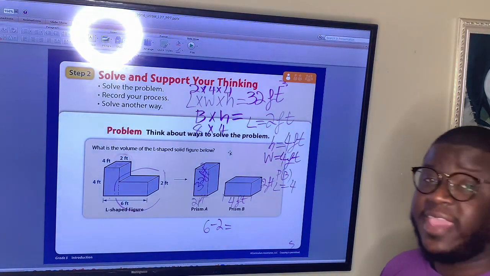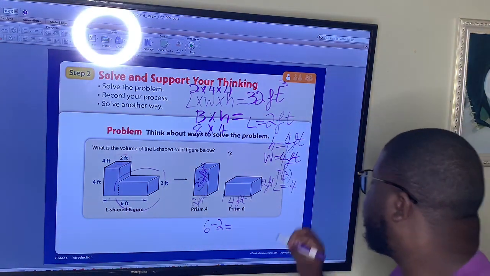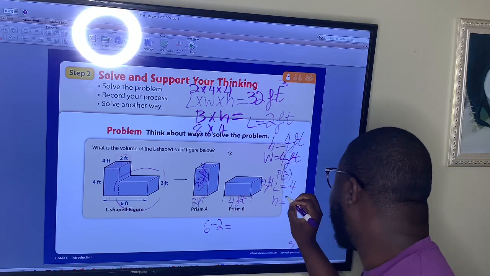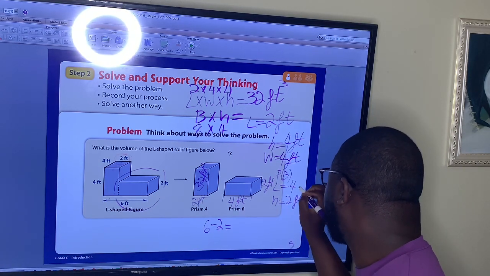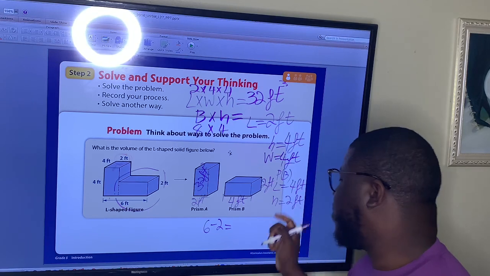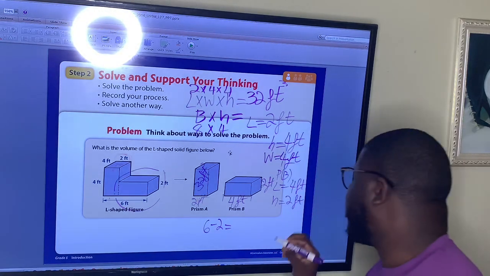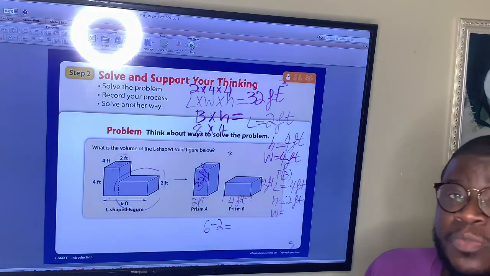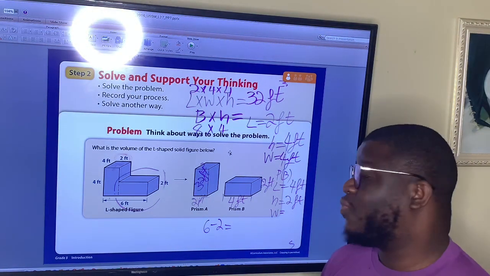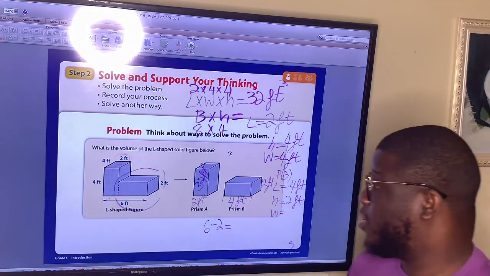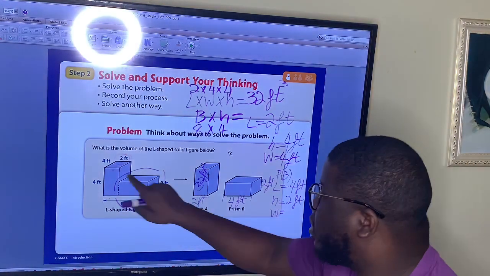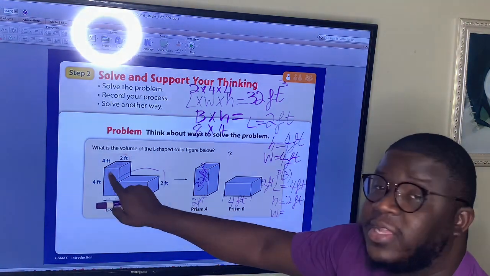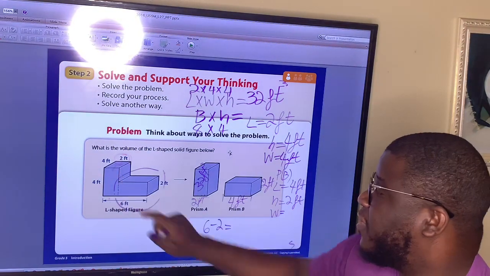So I know that the height is 2 feet. Now, let's mark that down. Height, 2 feet. Make sure you write your units. The width of prism B is going to be 4 feet. How do I know that, you may ask, Mr. Kamara? Because as you can see, I'm going back to the original figure.